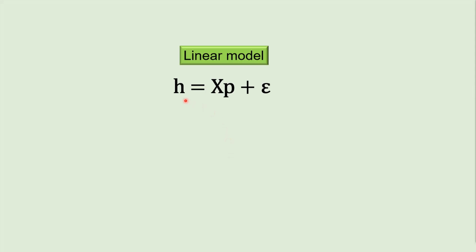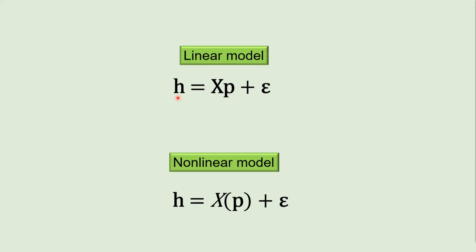This is the equation we've been using up until now, where we've had a matrix operation on our parameters to characterize the relationship between parameters and model outputs which correspond to the calibration data set, whose members are encapsulated in this H vector.